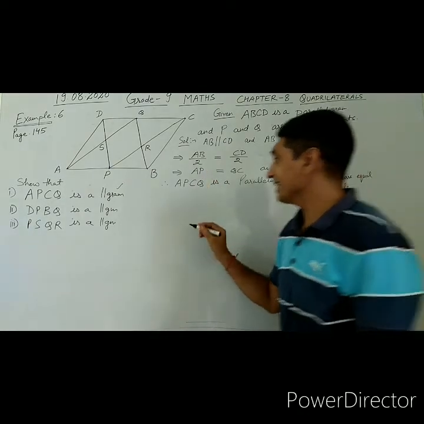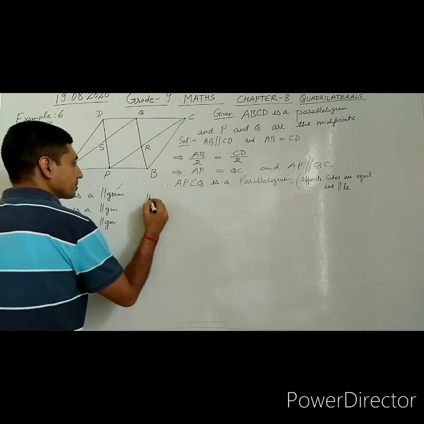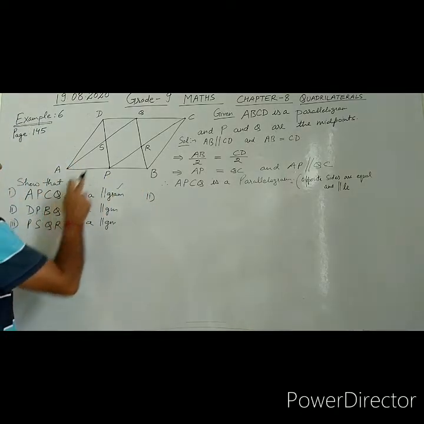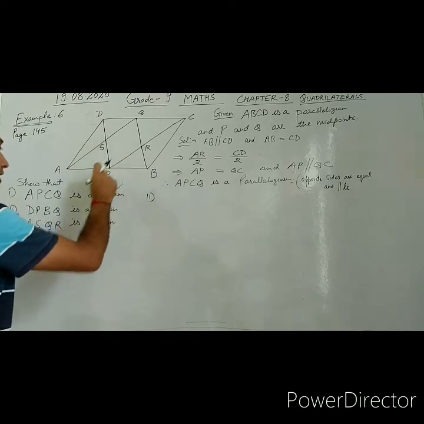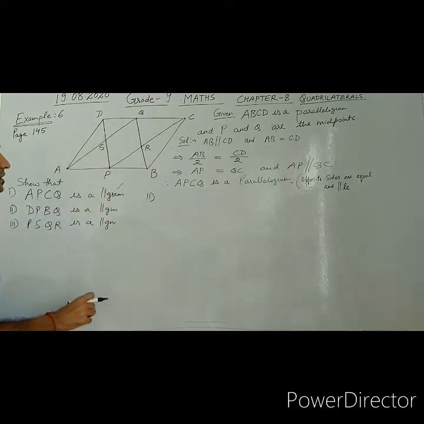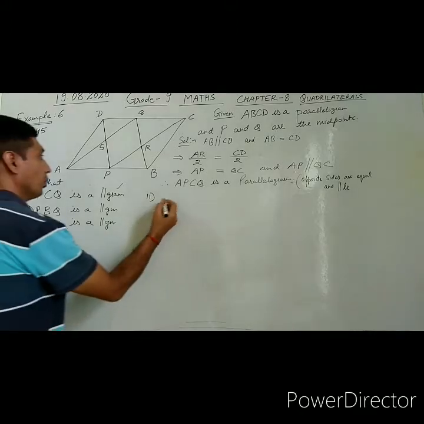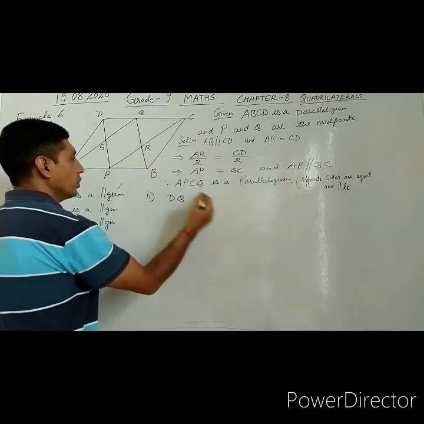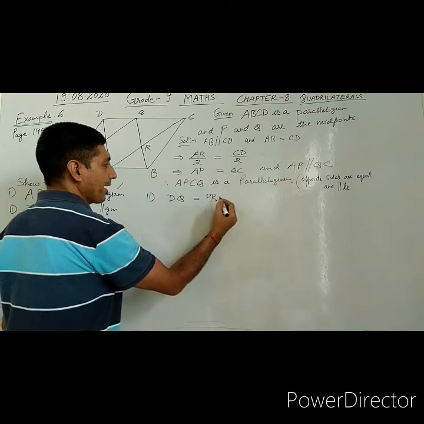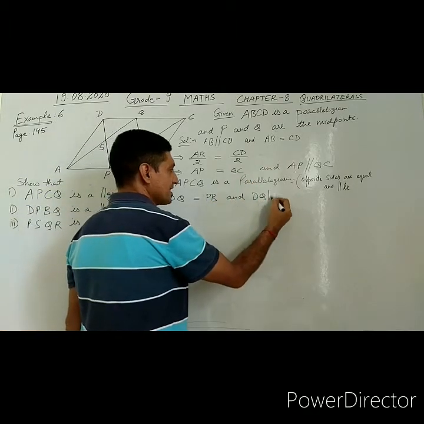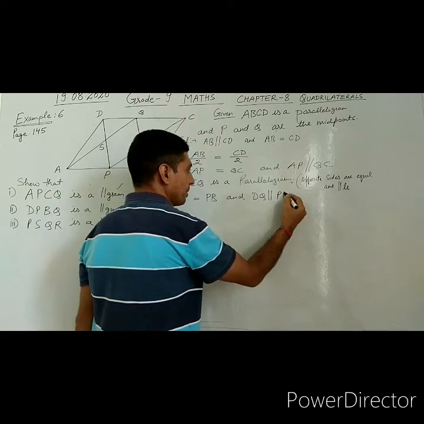So here we can write, similarly, second part, that PB and DQ are equal and parallel. DQ is equal to PB, and on the other hand, DQ is parallel to PB.